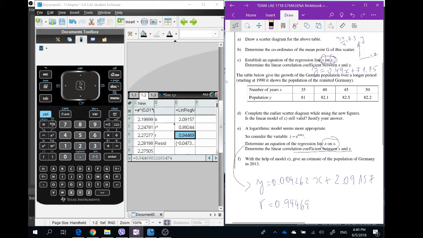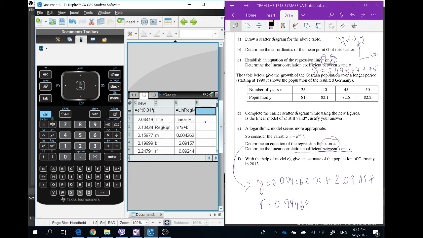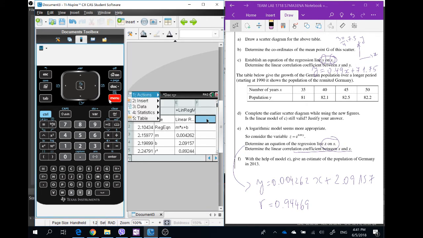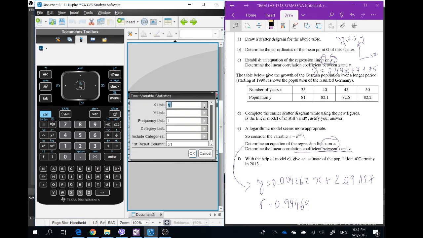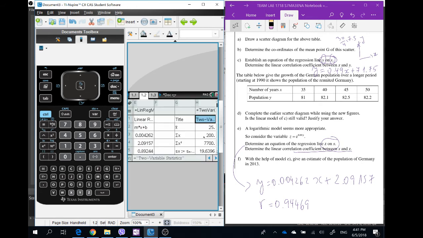This correlation coefficient, we have two variables, x and z, so we also can calculate this using menu, statistics, stat calculations, two variable statistics, where x is years and y is the new variable, and then I have the new calculations between two variables.